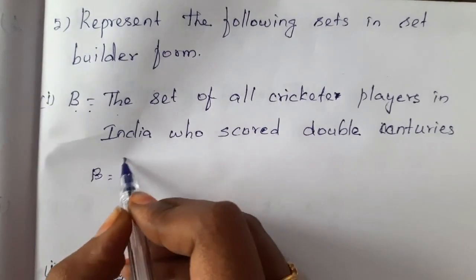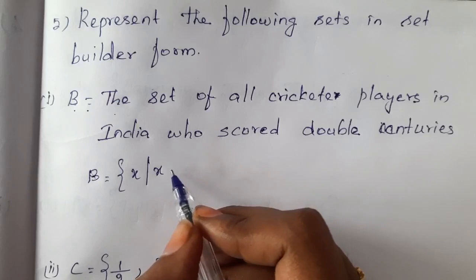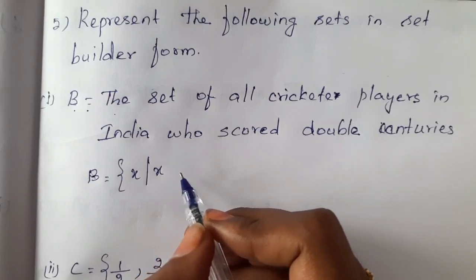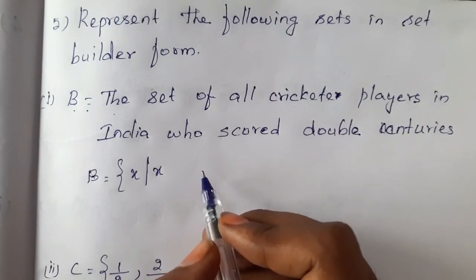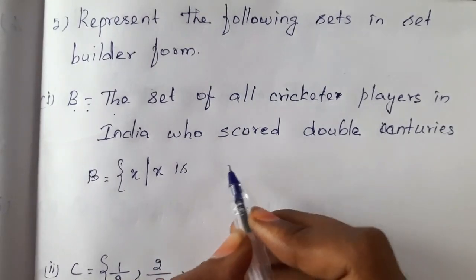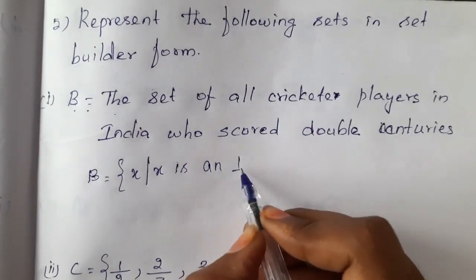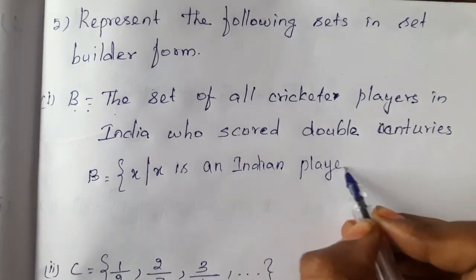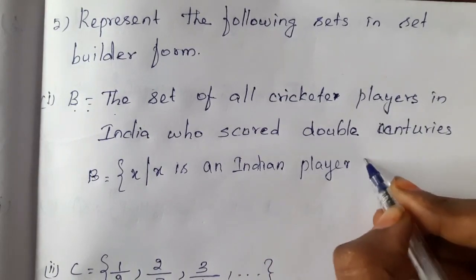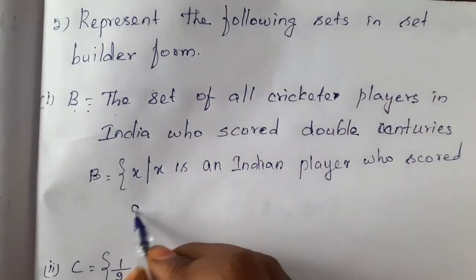B equal to the set of all x such that x is an Indian player who scored a double century.